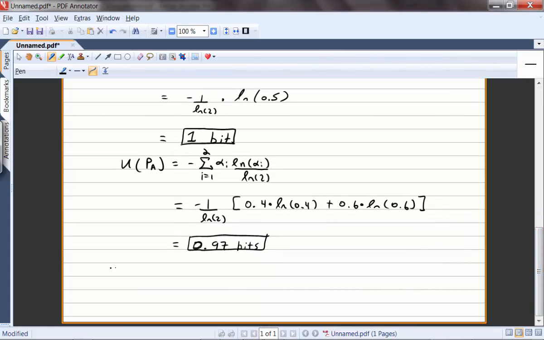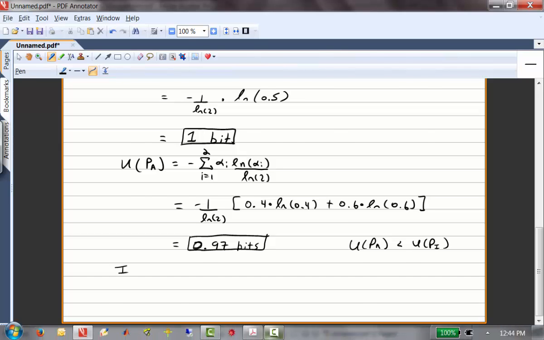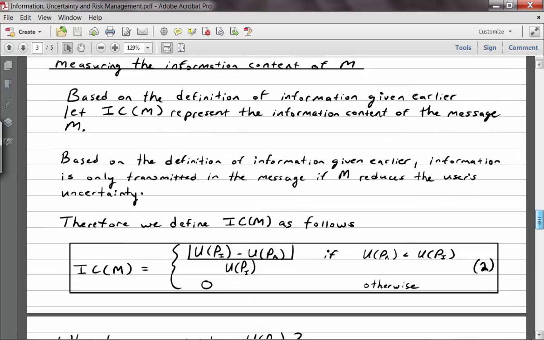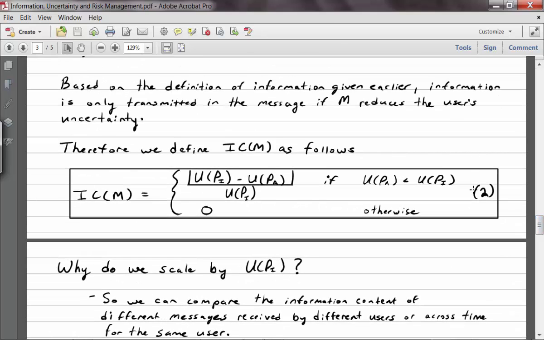And so the information content of this message, well, first we would make sure that the uncertainty after is less than the uncertainty before. Make sure of that, because if that's not true, then we can't use it. See, equation 2 has two scenarios, right? If this is true, then this is the information content of the message. But otherwise, 0.